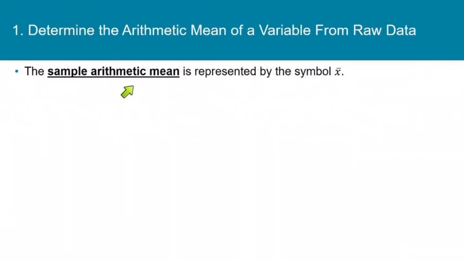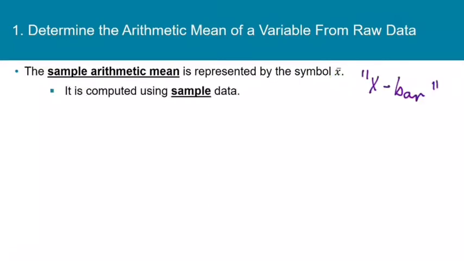Now, sample mean is represented by the symbol X bar. It's just a letter X with a bar over the top of it, but when we read it, we say X bar. This is computed using sample data. And the sample mean is a statistic. So remember, X bar is the sample mean, and it is a statistic.